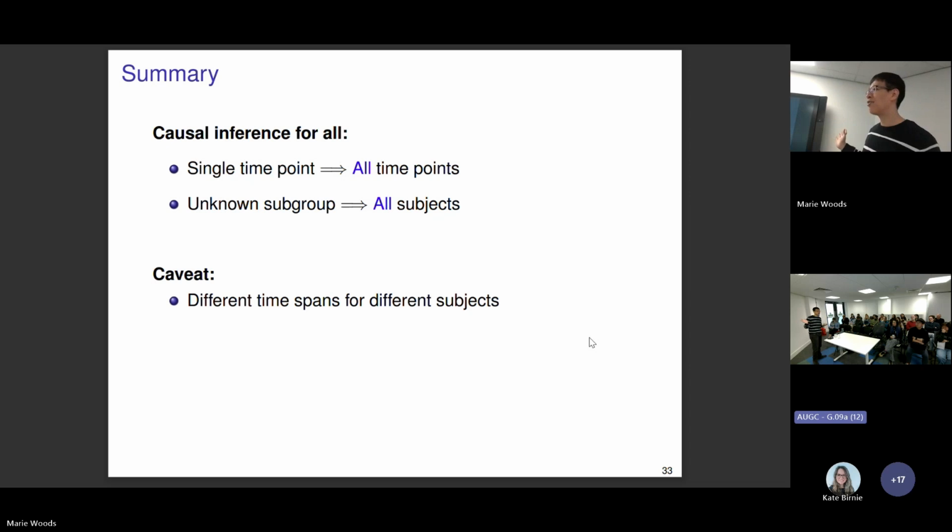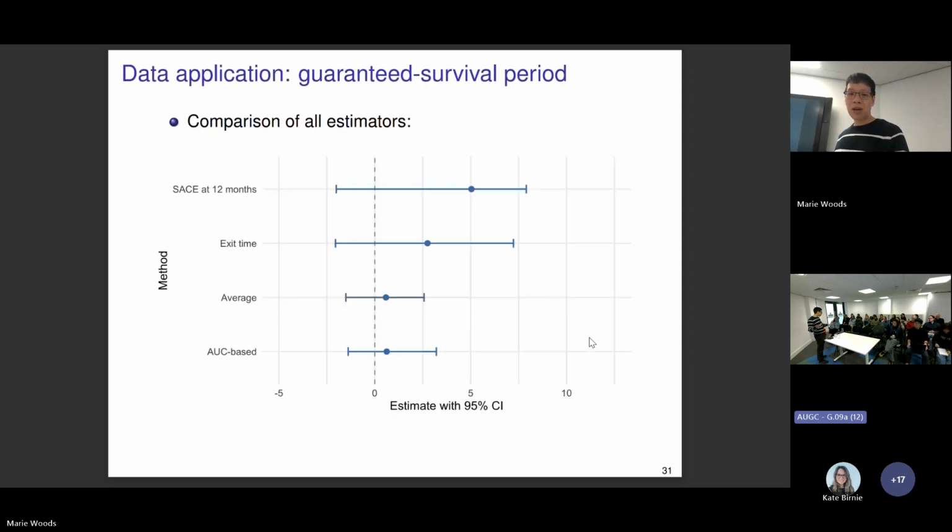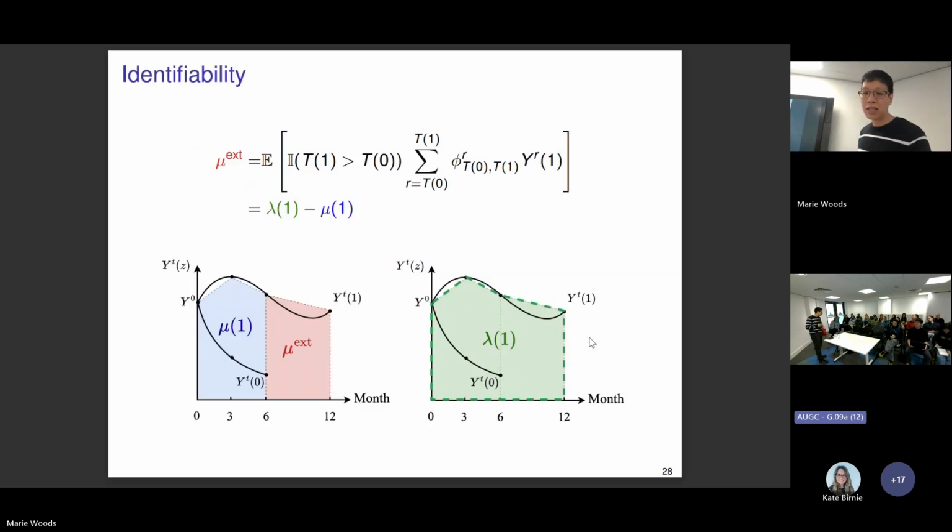So there's still some non-identifiable component, and I think this makes sense because something has to be non-identifiable here, because we're dealing with truncation by death. If we want to stick to a causal interpretation. Actually, if you don't care about causal interpretation, let me just mention one thing: people have used the thing called the while-alive estimate. So you can compare this lambda 1 here versus the lambda 0, which is the period until time 6.